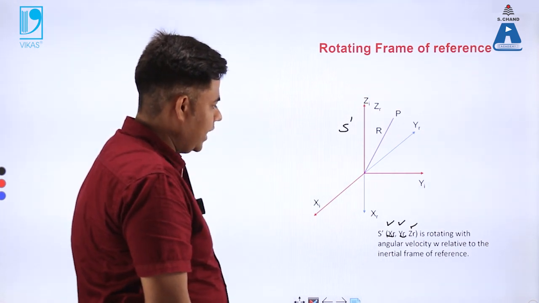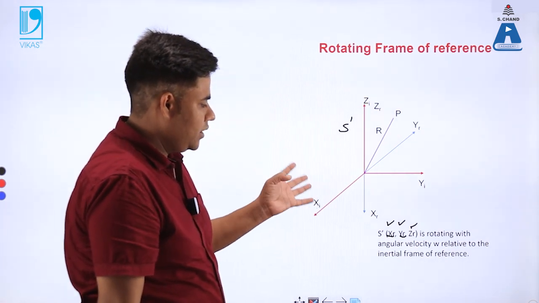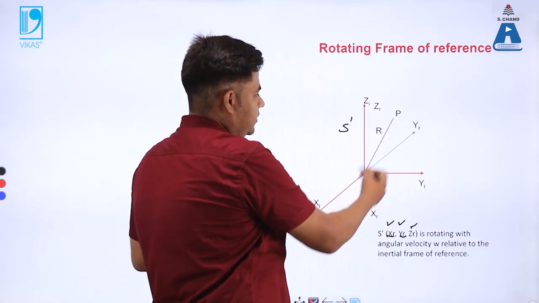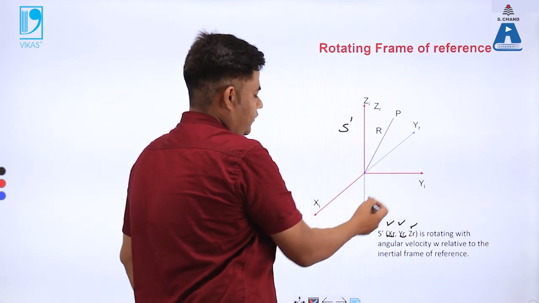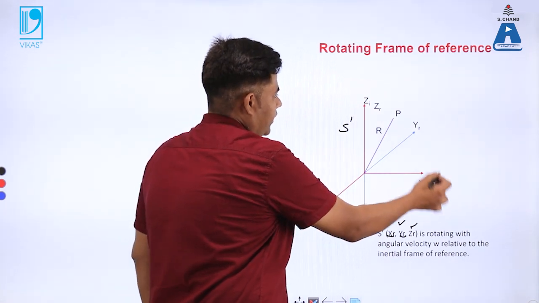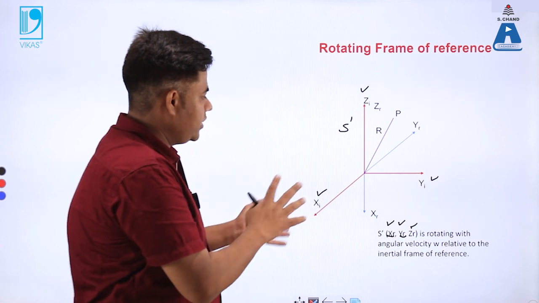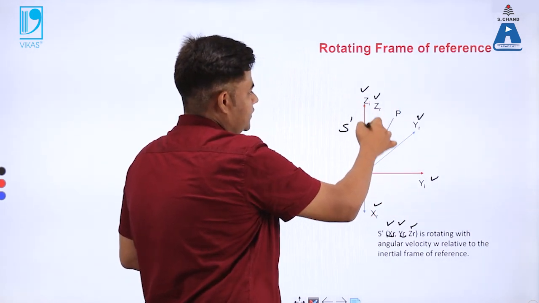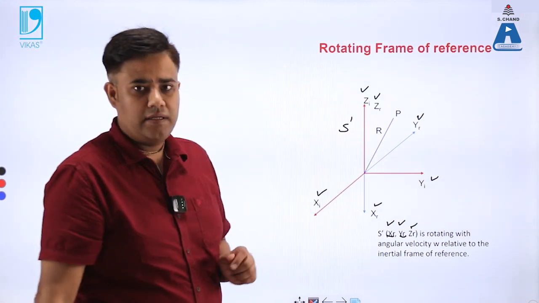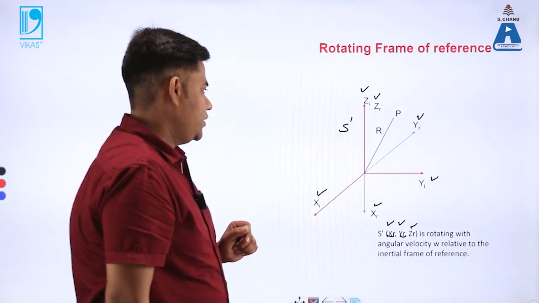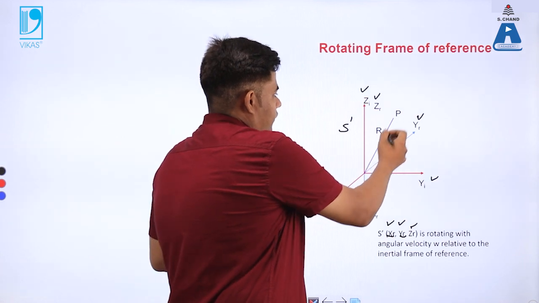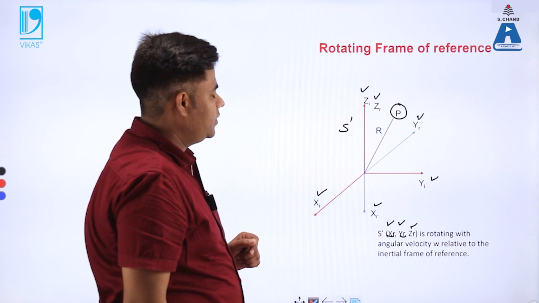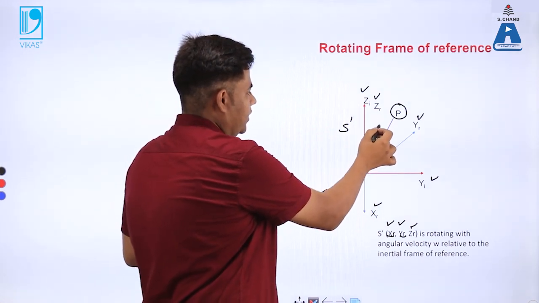It also has an angular velocity which is relative to the inertial frame of reference. Here the red axes indicate the inertial frame of reference: xi, yi and zi, and after rotation this becomes xr, yr, and z is fixed. So zi and zr are at the same fixed position. We have a fixed point here, denoted by this colored line, and it has a magnitude which is r.